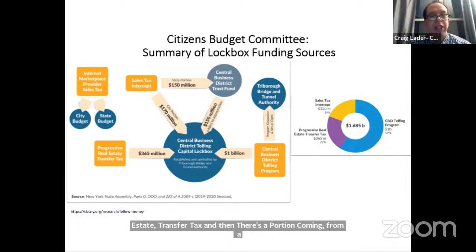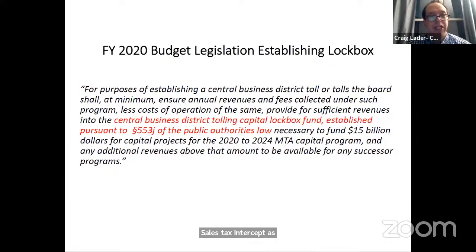And if you go to the next set of screens, here's the direct language from the budget law: there is a central business district tolling capital lockbox fund established pursuant to section 553-j of the Public Authorities Law, necessary to fund the $15 billion for the current capital plan and any additional revenues above that amount for successor programs, meaning future, the 25 to 29 capital plan, and so on and so forth.